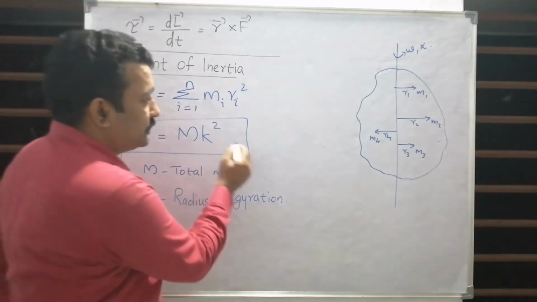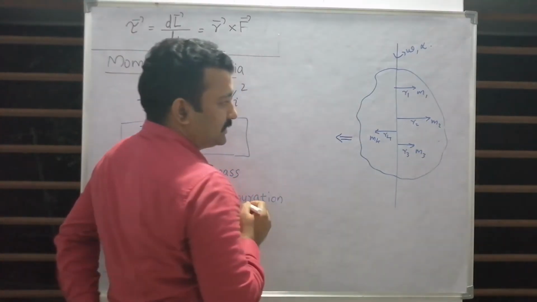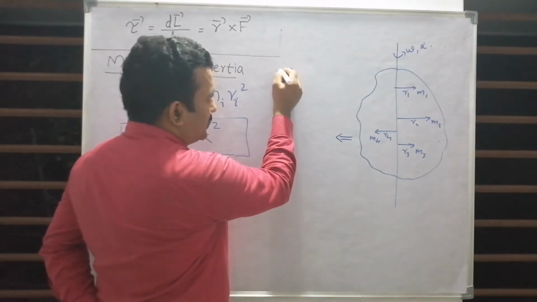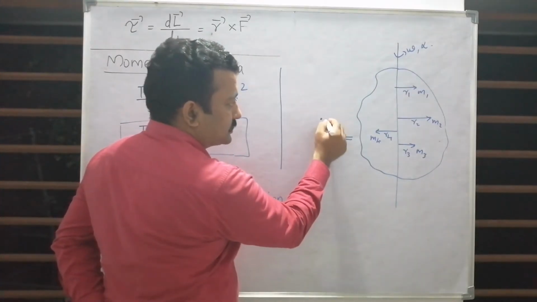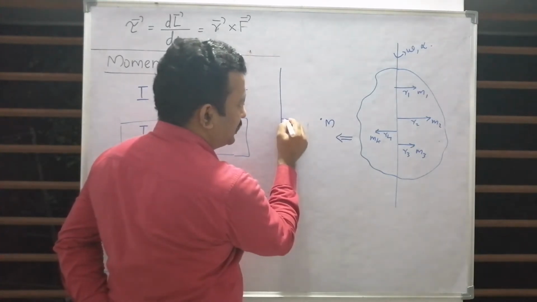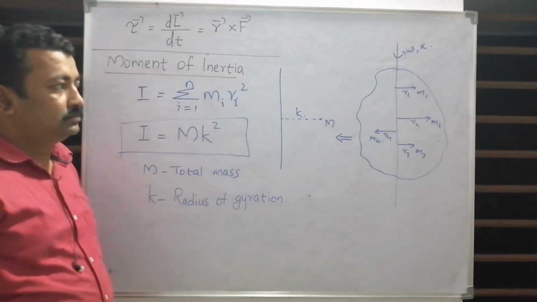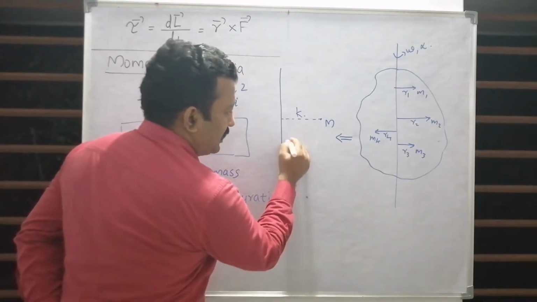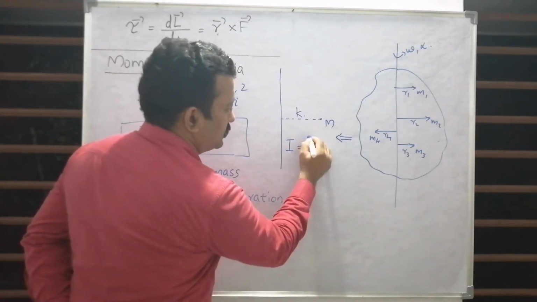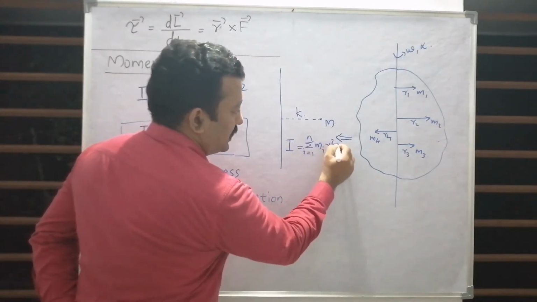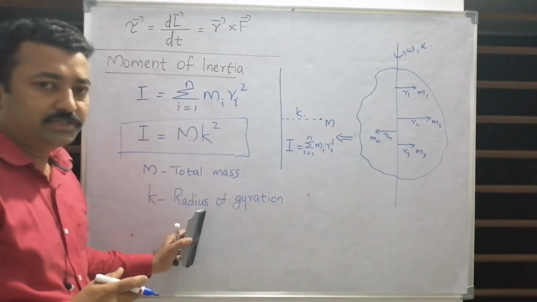What I mean is, the same problem I can equivalently represent as an axis from which the entire mass is concentrated at an imaginary radius of k, which gives rise to the same value of moment of inertia as sigma i = 1 to n mi ri square. So how can we define the radius of gyration?